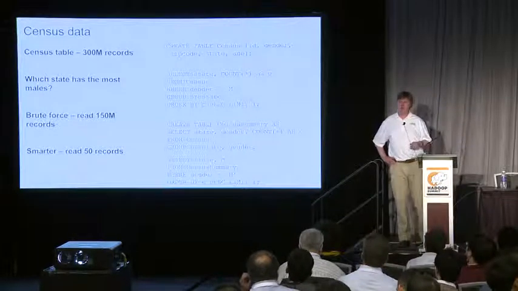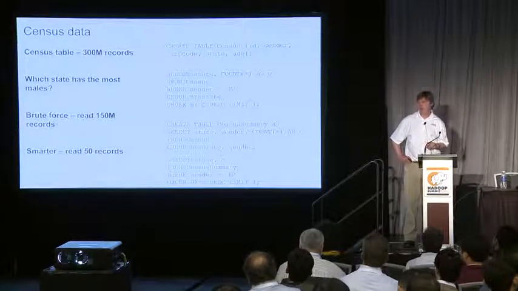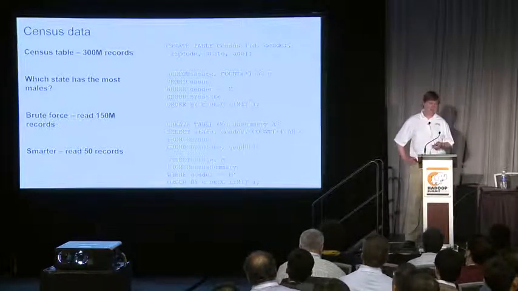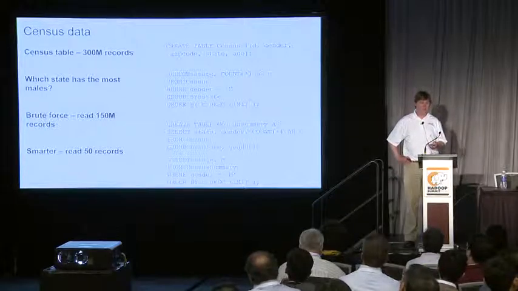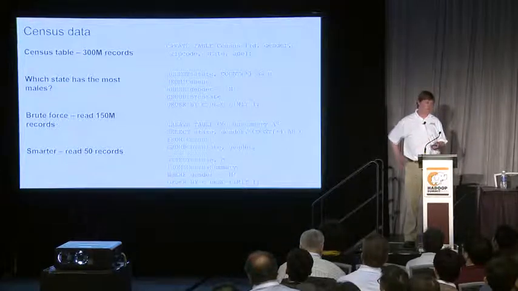Let's have a more concrete example of this. Just imagine there's 300 million people in the US, plus or minus, and you have a census table with 1 record per person in the US. You want to ask a question like, how many people are there? Which is select count star from census, or which state has the most males.